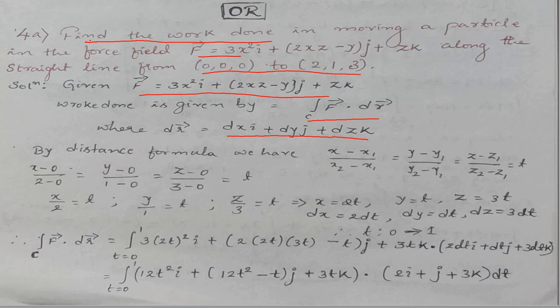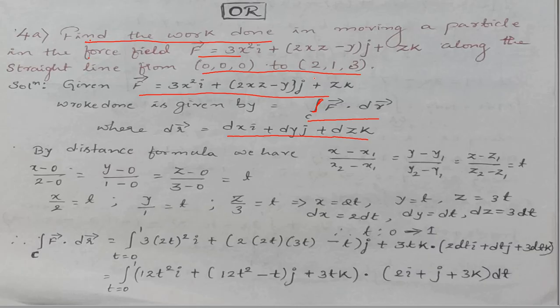Now I need to find x, y, z in terms of t. Then we can go with a single integral, as the work done is given by a single integral over the curve C. I can find it for only one variable.